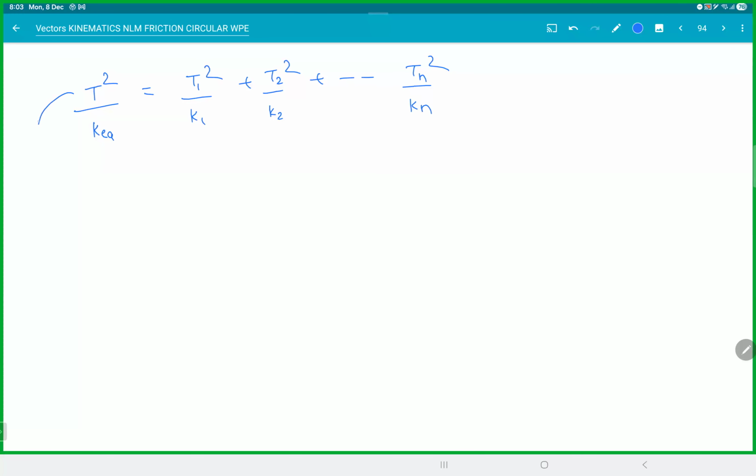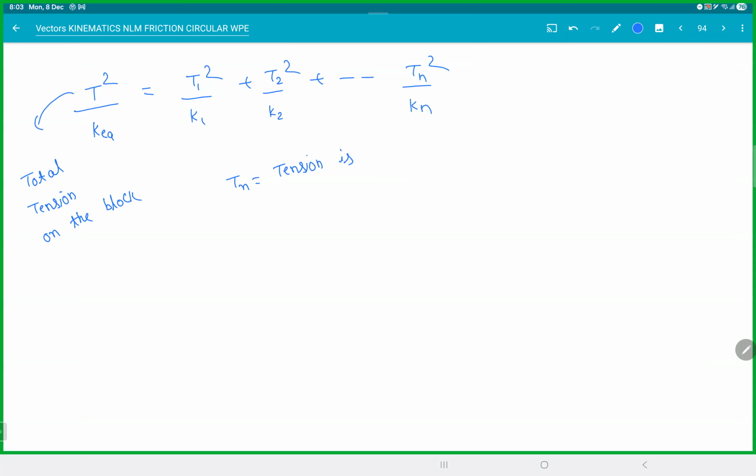Where, what is T here? T is the total tension on the block, and Tn is the tension in the nth spring.